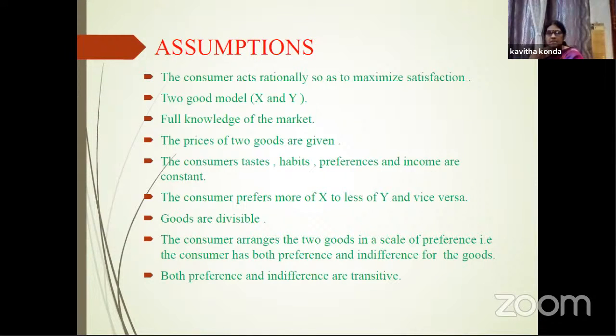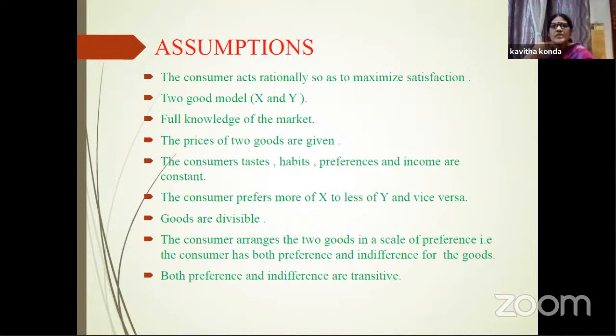Is the first good better than the second one, or is the second one better than the third one? We can compare the utilities by giving a scale of preferences, by giving the ranking 1, 2, 3, the first, second, third, and fourth. We can say the second is better than the first one, or the first one is better than the second one. So this transitivity can be seen in this theory.